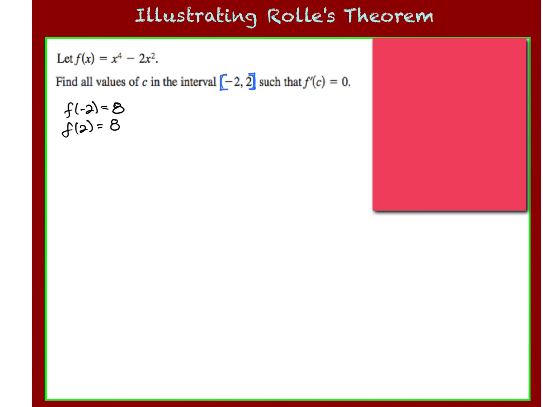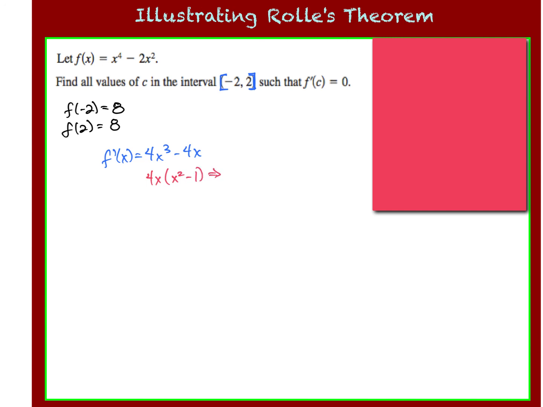So I'm going to take a derivative. So f prime of x is equal to 4x cubed minus 4x. So what am I probably going to do with that thing? Factor it up. So I take out a 4x and what am I left with? x squared minus 1.